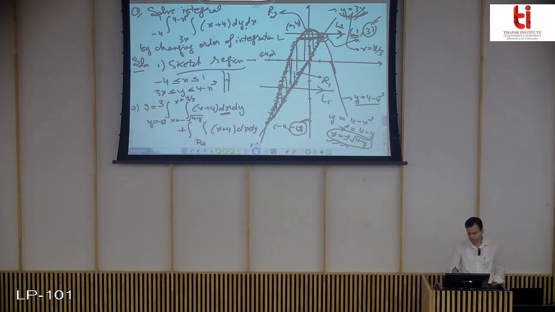Now coming to the region R2, here you have this imaginary line L2.